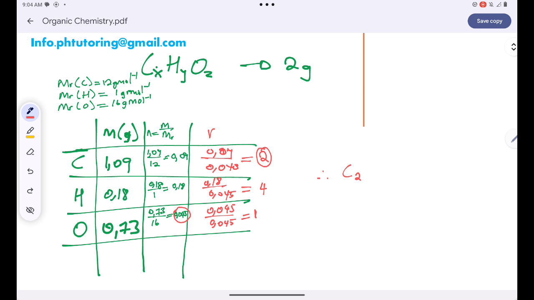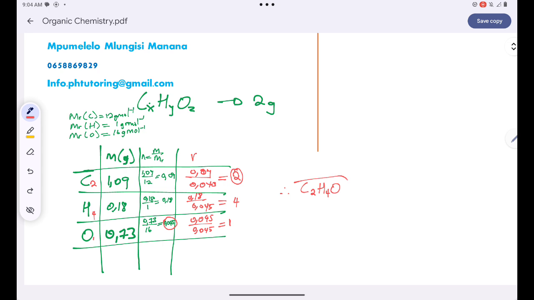This is the subscript for carbon, so it will be C2H4O altogether. This is my empirical formula, guys, but I was never asked to find the empirical formula. I was asked to find the molecular formula, right?